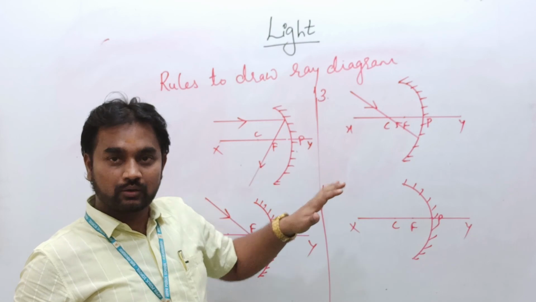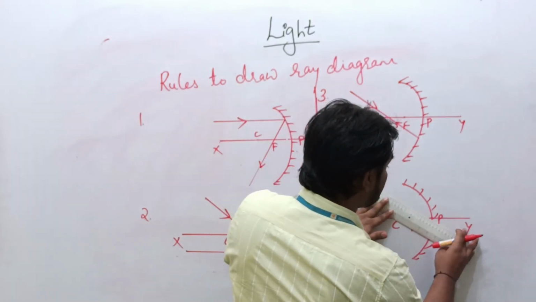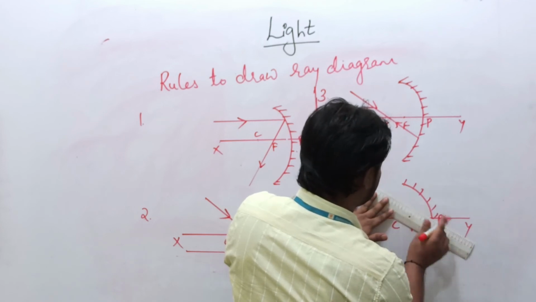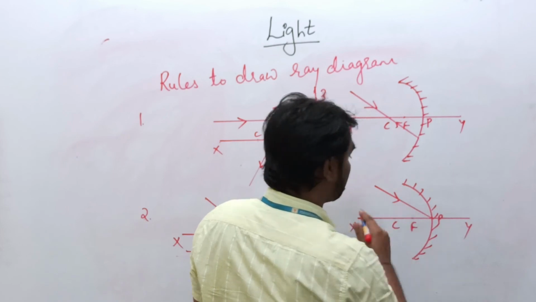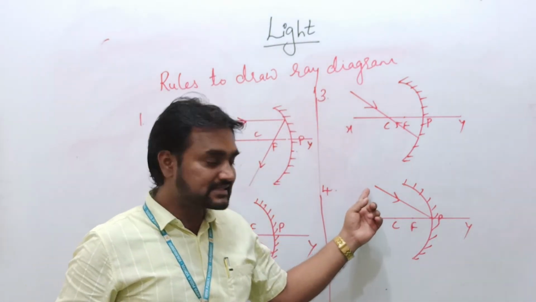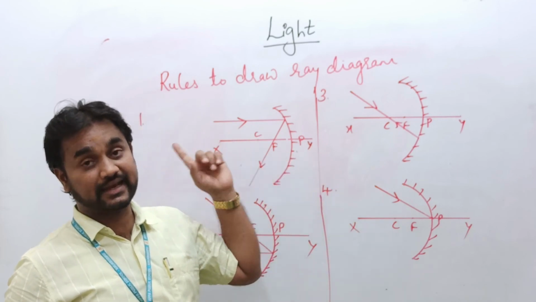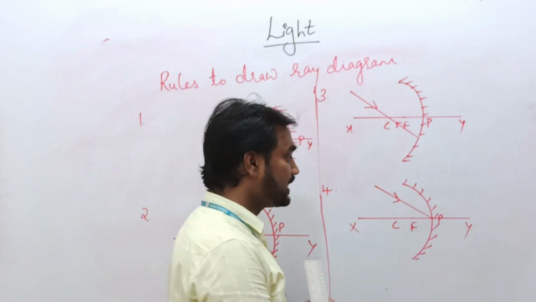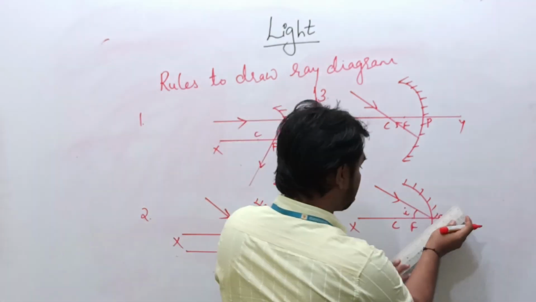So what is the fourth rule? Whenever the incident ray hits at the pole, it is going to obey the second law of reflection. What is the second law of reflection? That the angle of incidence will be equal to the angle of reflection.